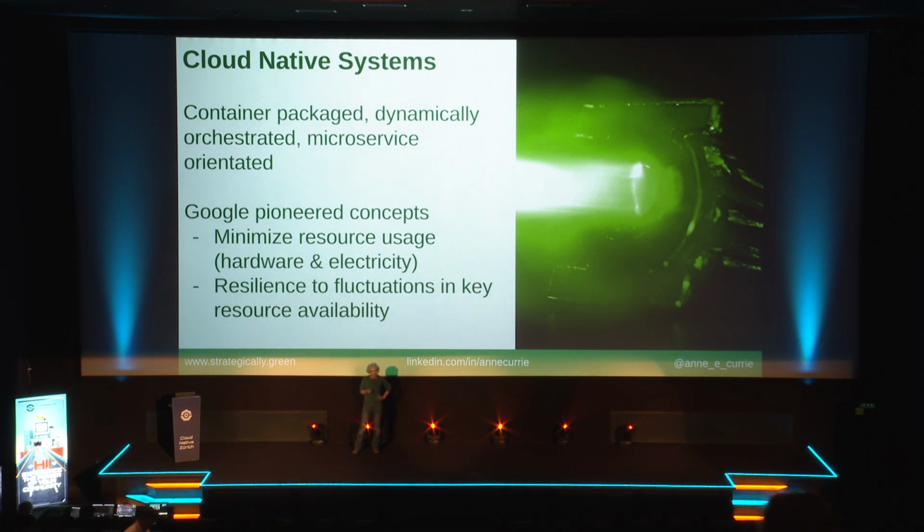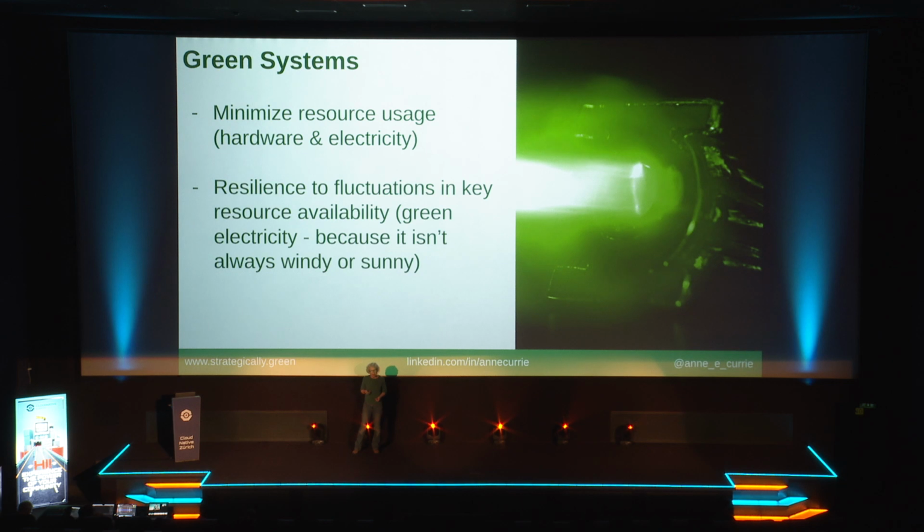Which is interesting. In the last 10 years, I've been very much part of the green software movement. And I was involved in the early days of the Green Software Foundation, wrote the O'Reilly book. And if you were going to define green software, I think you'd really define it in terms of two things. One is that it is a system that minimizes resource usage.